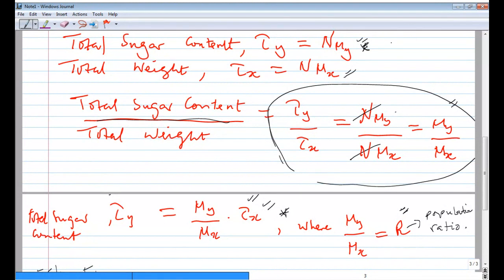If the weight is not given at all, but you have been given the population size, you can find the total sugar content. However, if the population size is not given, but they gave you the total weight, you can use this one. You will see when we do the example where we don't have the population size, how we are going to solve that one. So all of them are fine. There's no problem with that.